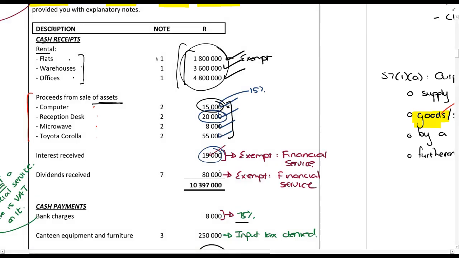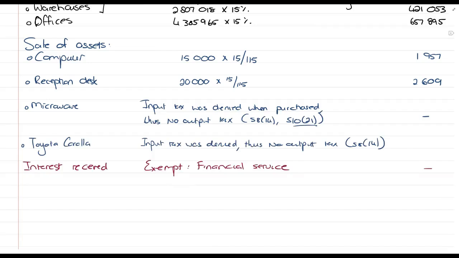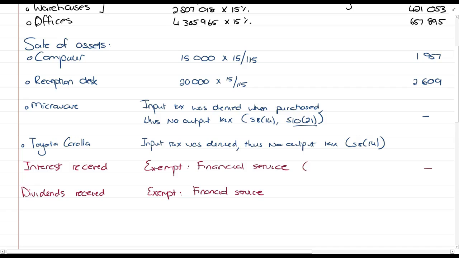And then the dividends received, 80,000, same story, also financial service. Right, and in both these cases, guys, section 12A tells us financial services are exempt.